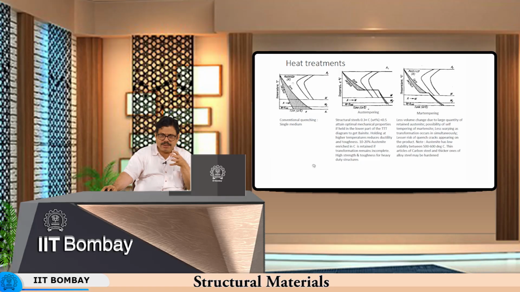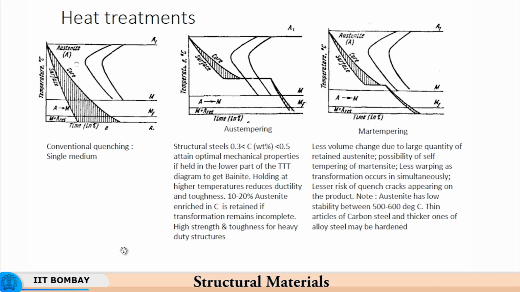Now, this heat at the center, which is contained in the material, will itself do the tempering of the martensite that has formed. That is what we mean by self tempering of martensite. So, the heat within the product itself is going to do the tempering operation. You don't need a separate tempering operation.